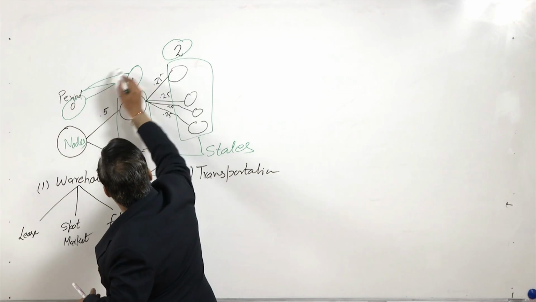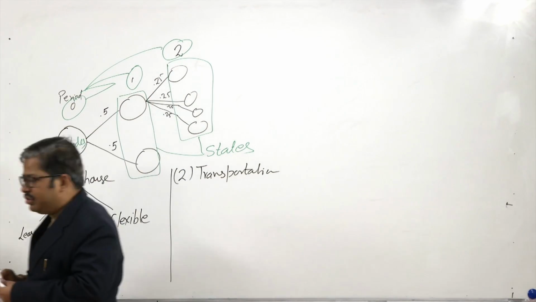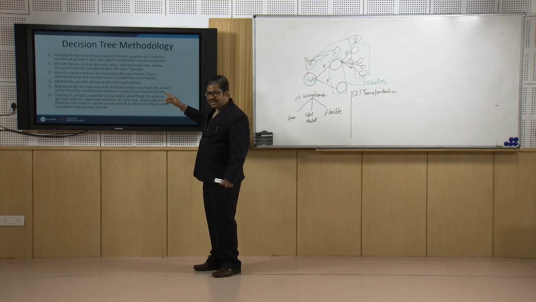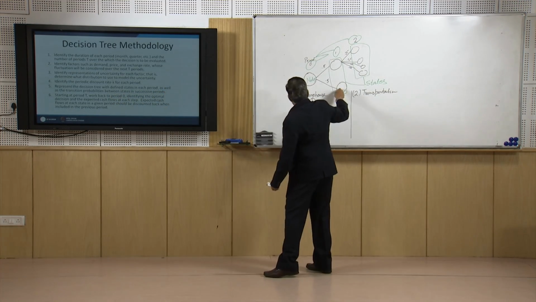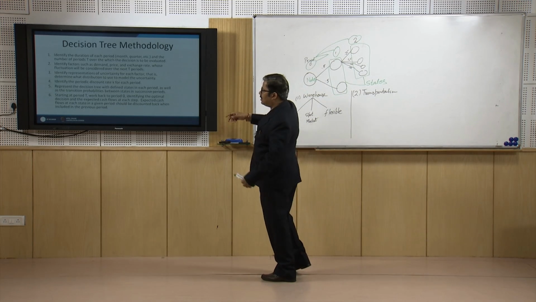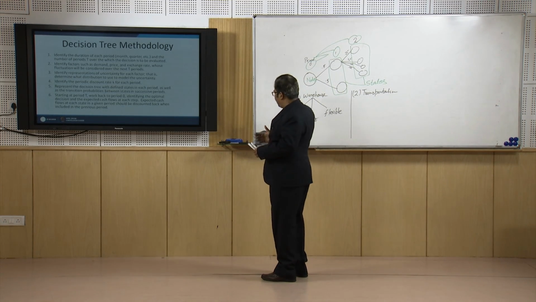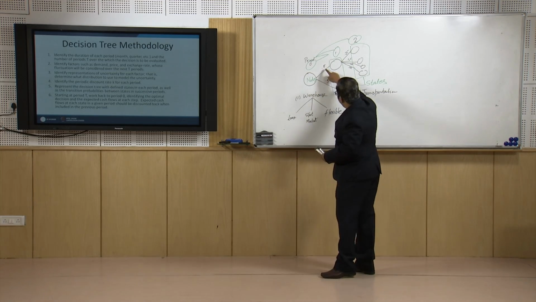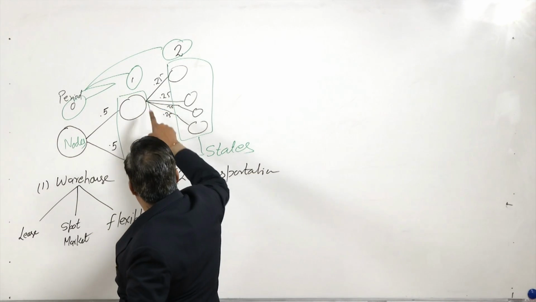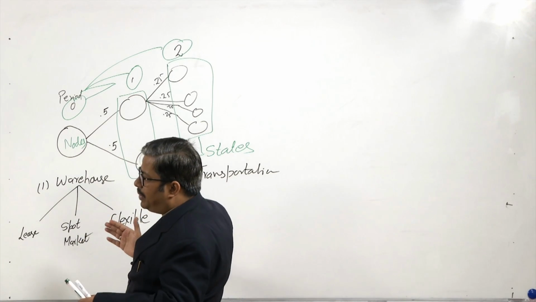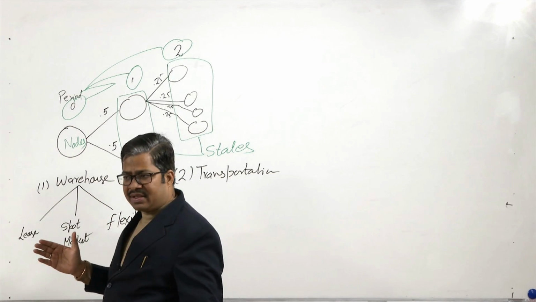You need to develop the decision tree with defined states in each period, as well as the transition probabilities between states in successive periods. These 0.5, these 0.25, 0.25, 0.25, are the transition probabilities between states in successive periods.